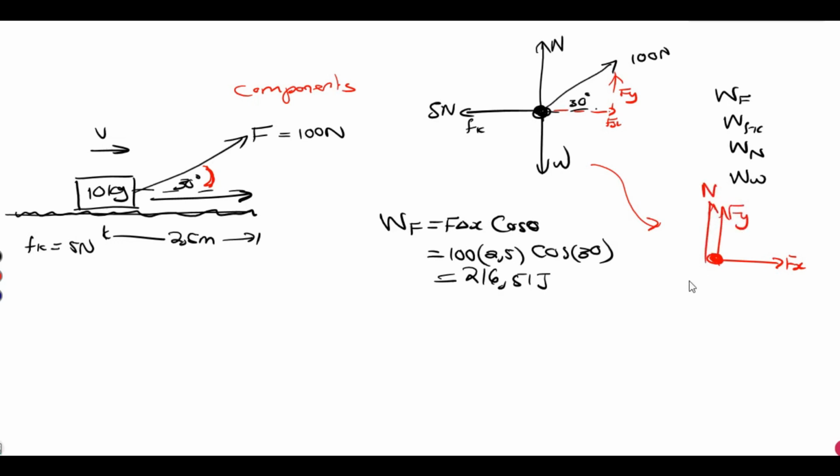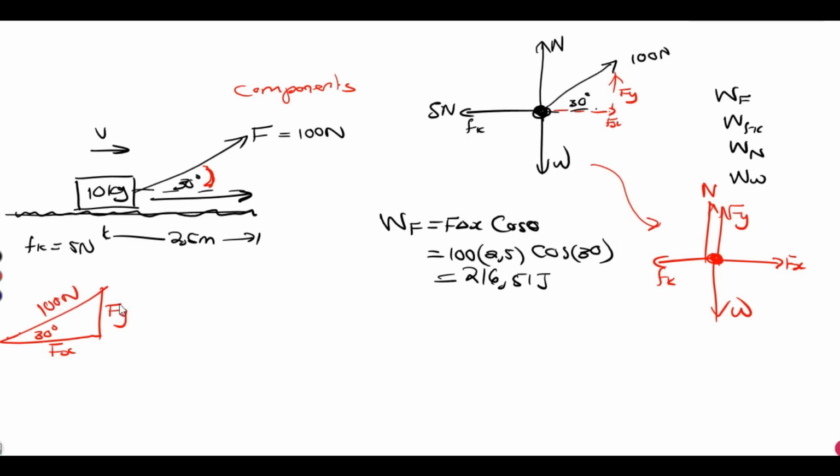Now there's two forces in the y direction, and then you have your frictional force and you have your weight there. But now remember how you calculate those ones. This is Fy, this is Fx. What's the angle? It's 30 degrees.